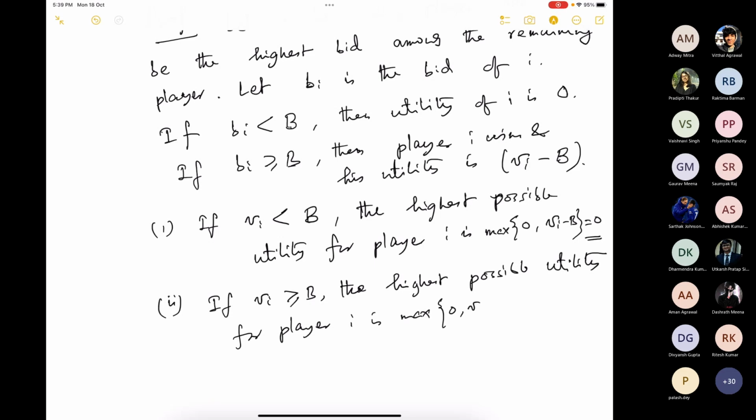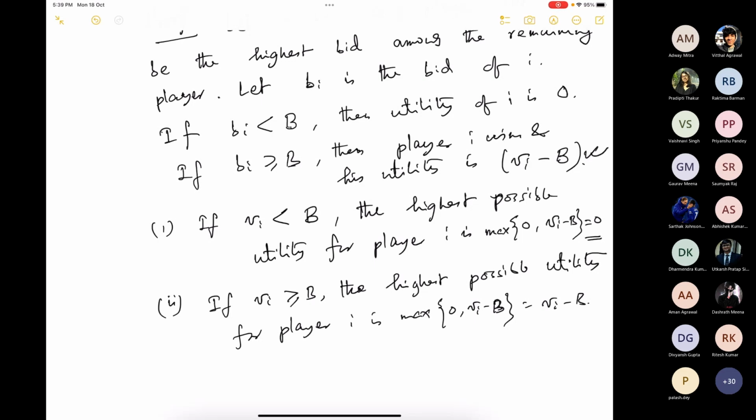If it wins, its utility is Vi minus B. But in this case, Vi is greater than or equal to B, so the max is Vi minus B. Now see, if Bi equals Vi, then Bi is also greater than or equal to B, and in this case, his utility is Vi minus B, the maximum attainable utility.